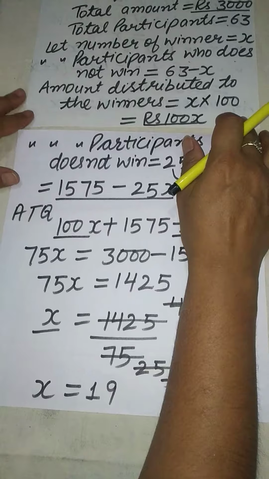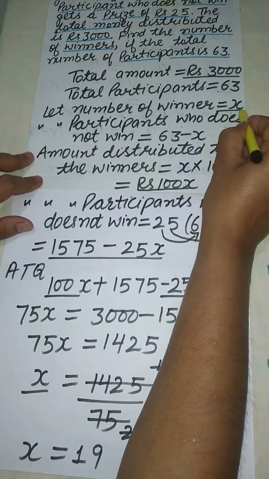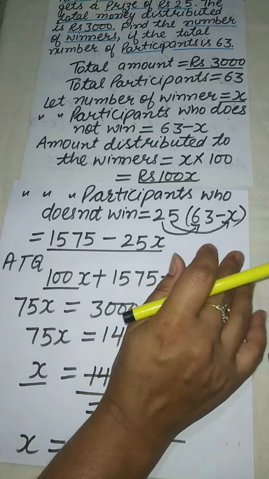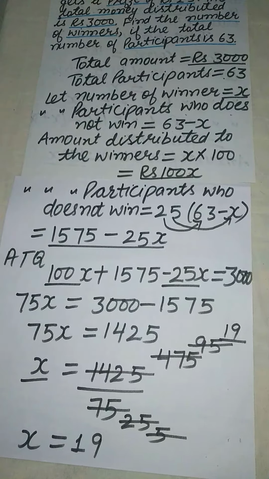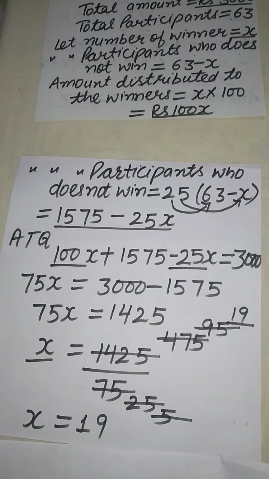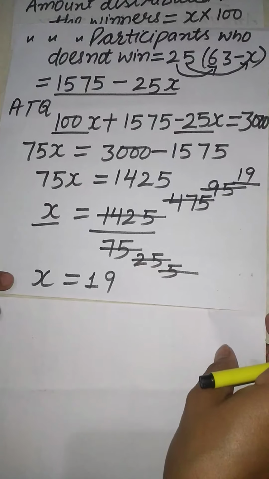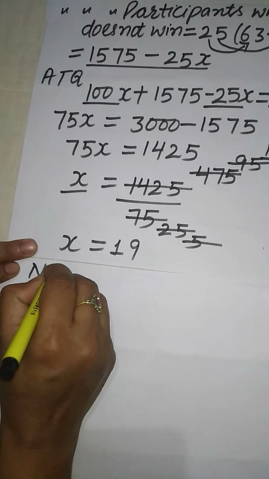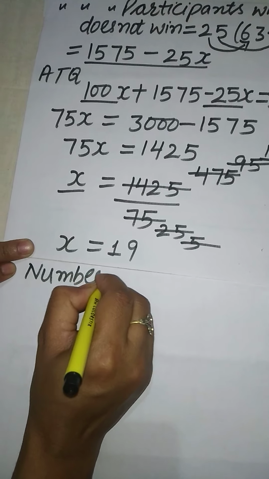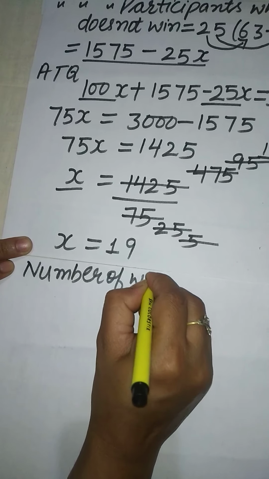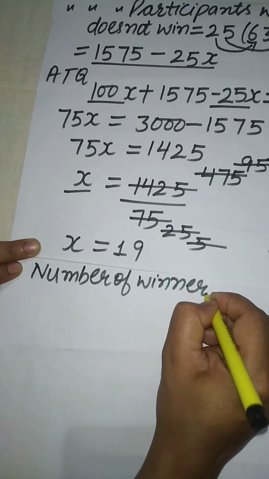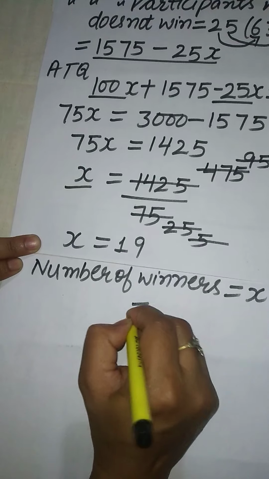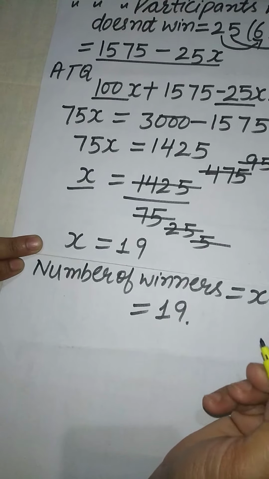We took the number of winners as x, so the number of winners is equal to x, which is equal to 19.